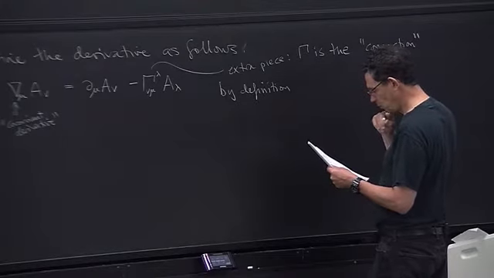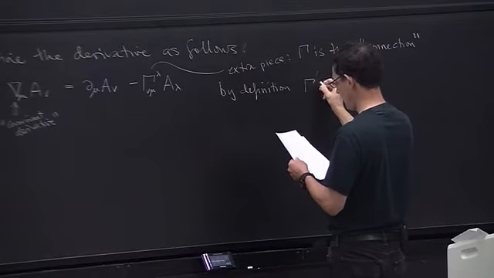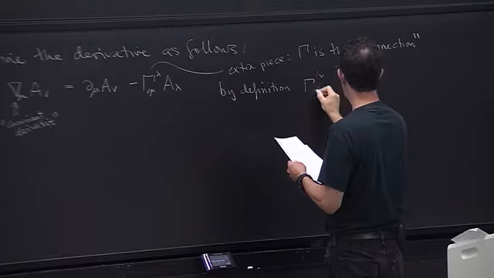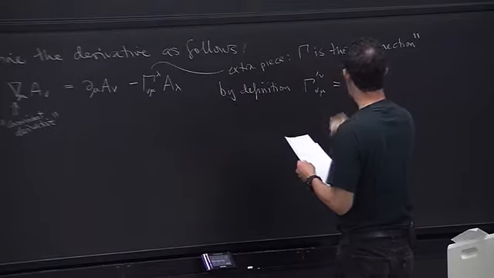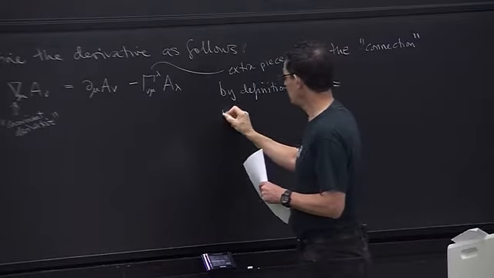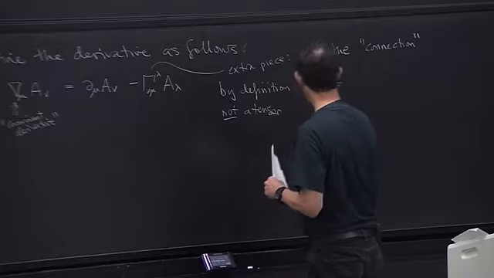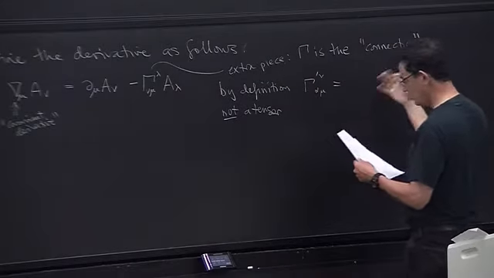gamma prime nu alpha mu, by definition, gamma does not transform as a tensor. It's not a tensor. It transforms using two pieces.